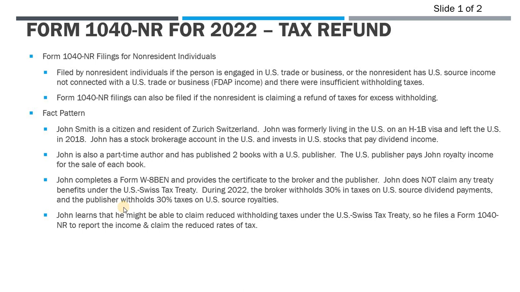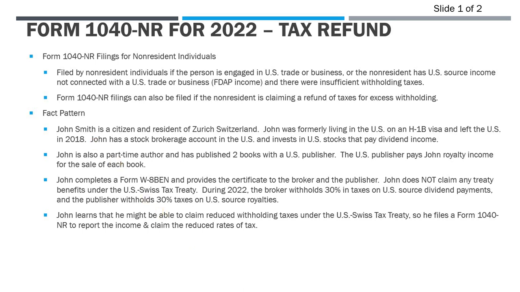So John sees these, and these are all reported on the 1042-Ss, so we'll have a closer look at those. So John receives these, and then he learns that, well, I should have been claiming, or I could have been claiming treaty benefits, and I could get a reduced withholding tax, right? And so in order to get the money back from the IRS, because those amounts have already been paid, he's going to file a 1040-NR, he's going to report the income, and then claim the reduced rates.